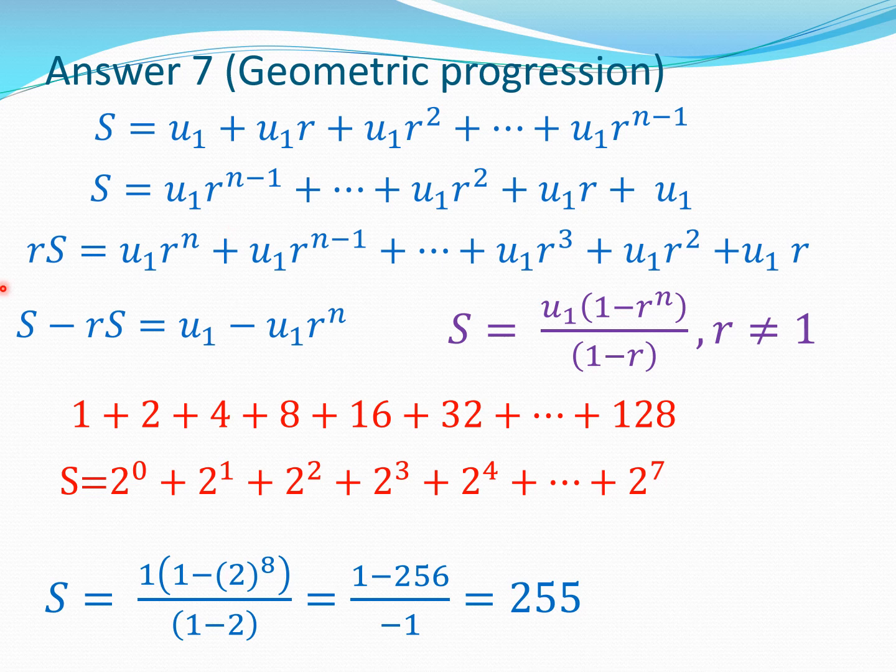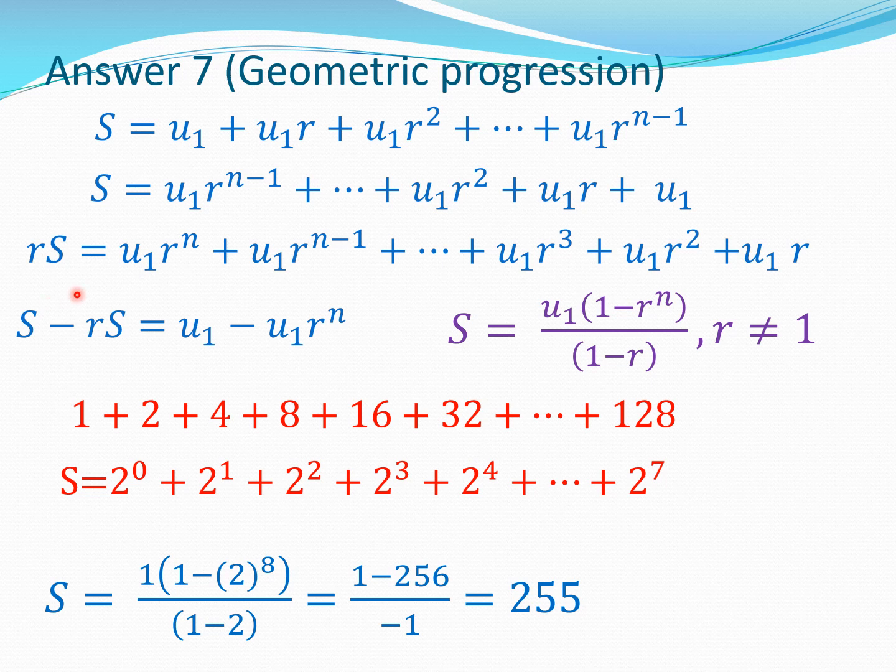Now what we can do is write rS. Remember r is the ratio here. So we multiply this S expression by r, and we get this here. What I'm doing is generalizing the way I did the problem in the previous slide.